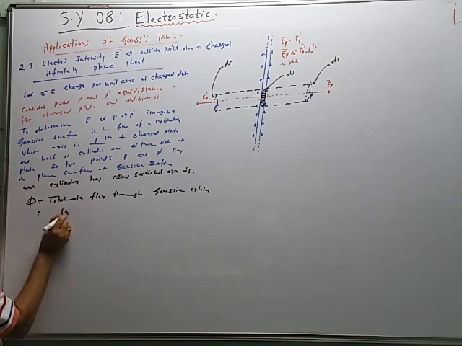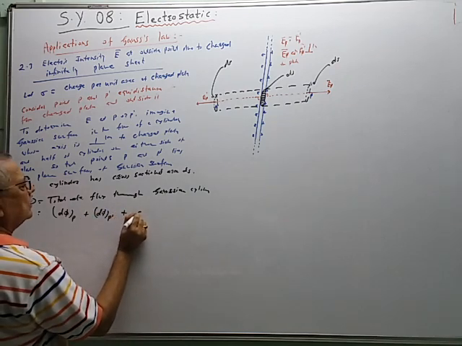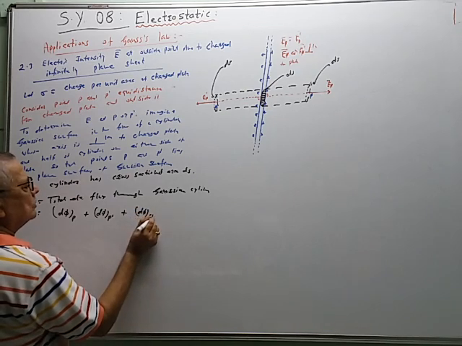So this is equal to the electric flux through the area surrounding the point P, plus the electric flux through the area surrounding the point P dash, plus the electric flux through the curved surface.